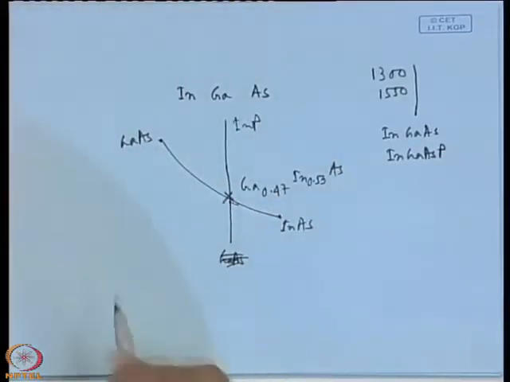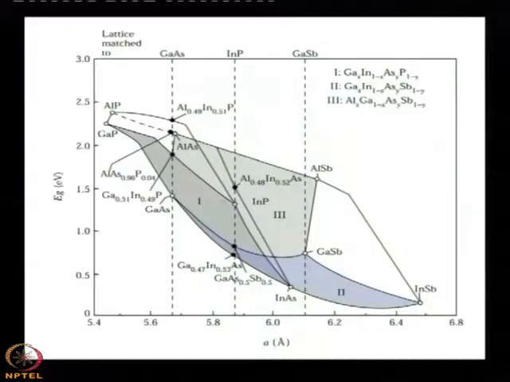So, different type of material you can grow, but the problem is the perfect matching with the substrate, because normally in the market indium phosphide and gallium arsenide substrates are readily available. You have indium antimonide or gallium antimonide, but those are not very readily available.